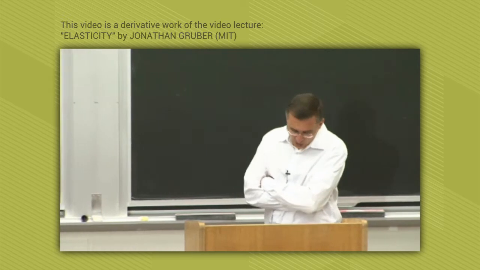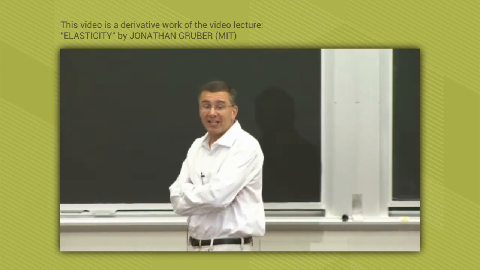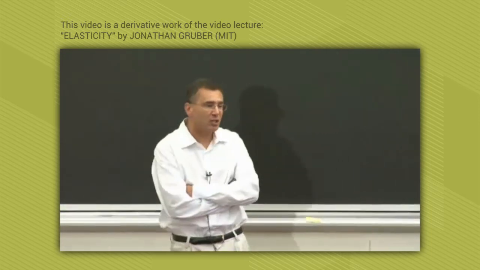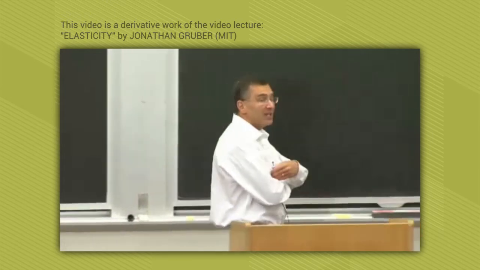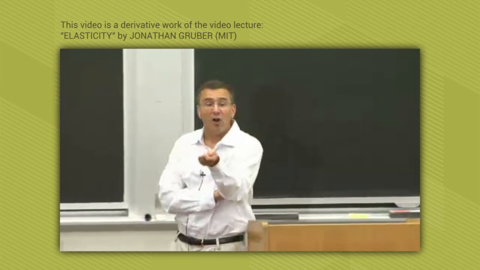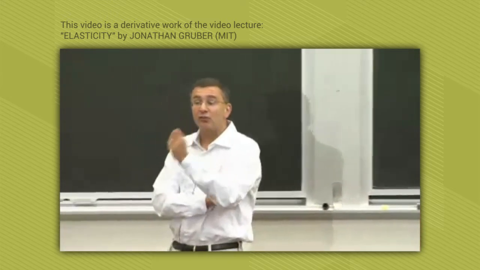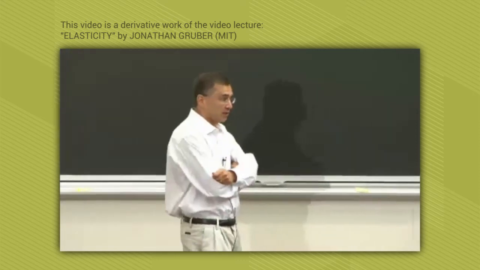Can anyone tell me what would cause demand to be perfectly inelastic? In what types of situations would demand be inelastic? It's never perfectly inelastic, but would demand be relatively inelastic? Yeah? It's all about substitutes. When there's no substitutes, when there's nowhere to go, it doesn't matter what the price is.